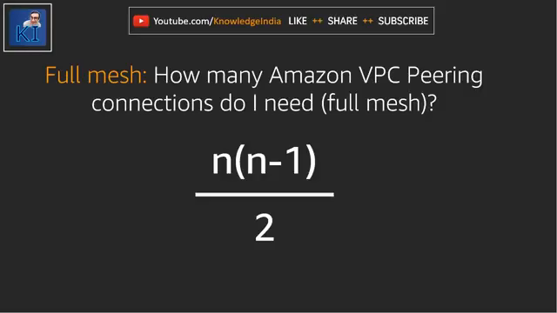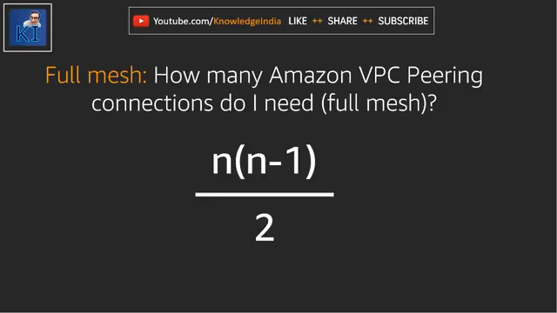So if we understand, let's say we have 5 VPCs, we will end up having 5 into 4 by 2, so we'll end up having 10 VPC peering connections.